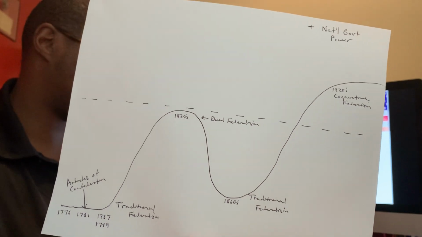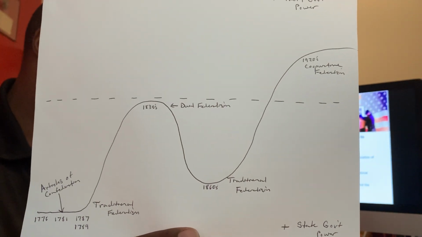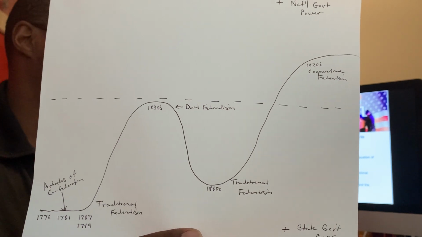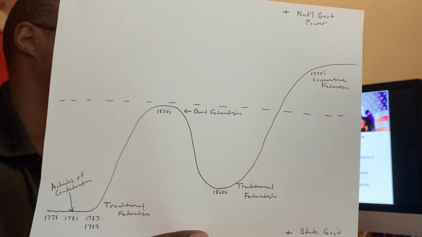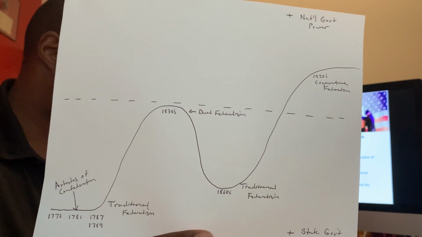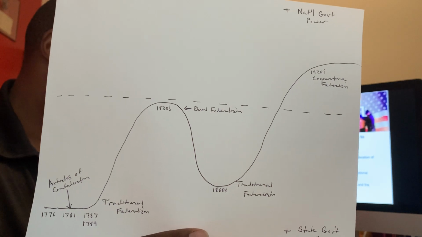We have the outcome of the Civil War, which again will be a huge uptick back into, after that, the power of the national government, all the way into the 1920s. And we have a fluctuating power system between national and state over time, past that point, although the national government is indeed supreme.